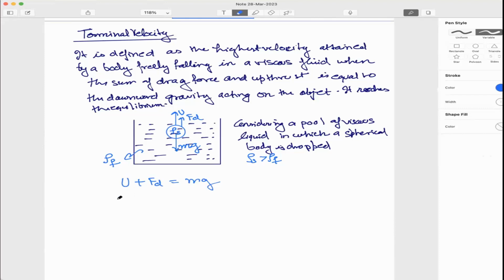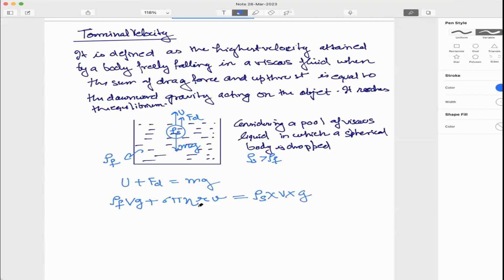So upthrust is density of fluid into volume of a sphere into g, plus drag force 6 pi eta r v. So this velocity is the velocity of the object, and mass is rho solid into V into g.